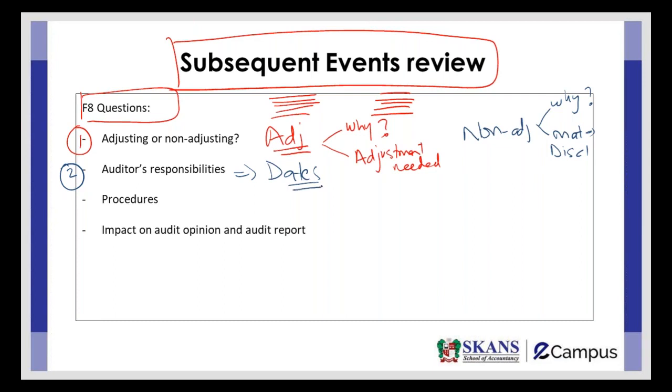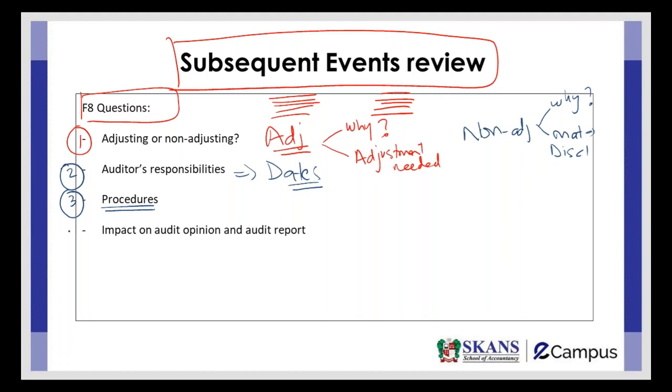We'll be discussing the responsibilities, etc. You will always be asked for procedures. You'll have to be very specific about understanding what procedures are being asked. Are there procedures to identify events, or are there procedures on the event which is given in the scenario?